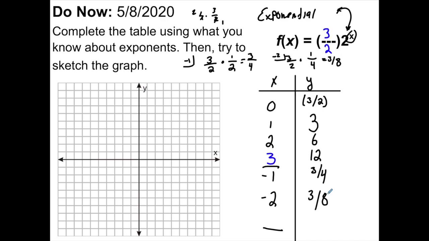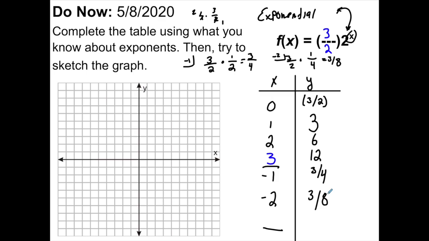When you go from 0 to -1, you divide by 2, right? You go from 3 halves to 3 quarters. So that's another way to think about it, just like we thought about arithmetic sequences. And this is why with arithmetic sequences, I was getting you to think about the idea of adding one way and subtracting the other way, because we have a similar thing here, right?